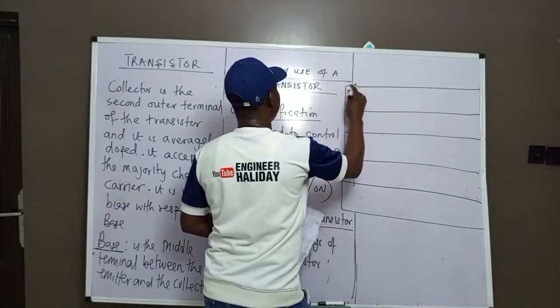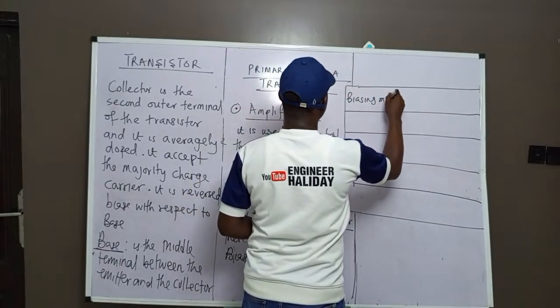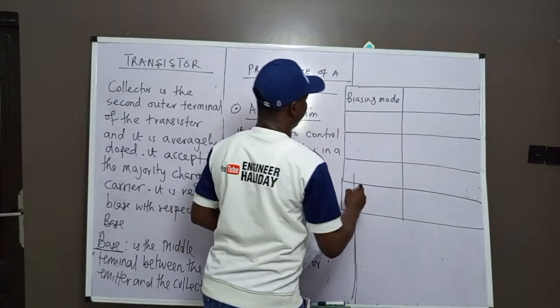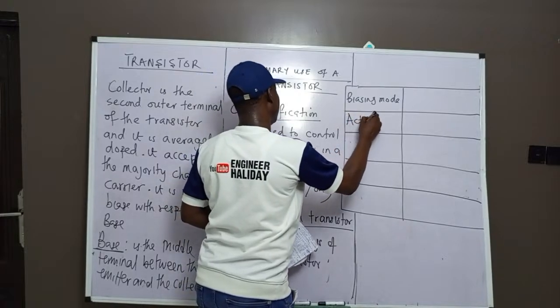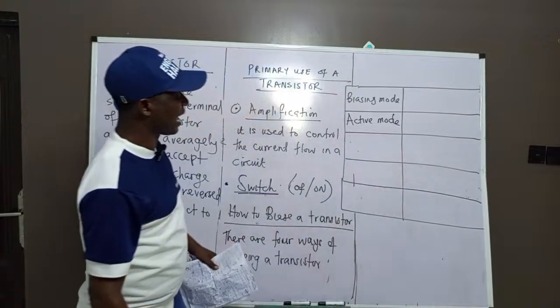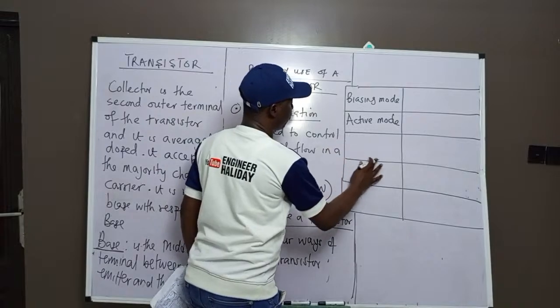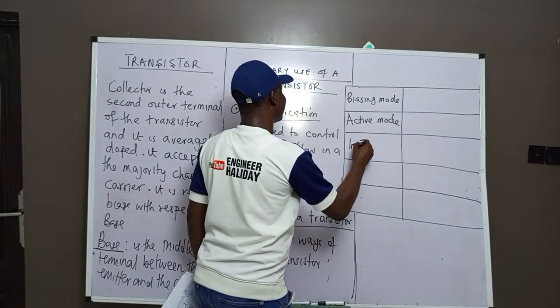Now, the first thing is the biasing mode. The first one we call the active mode. Active mode is one way of biasing a transistor. Number two biasing mode is what we call the inverted mode.